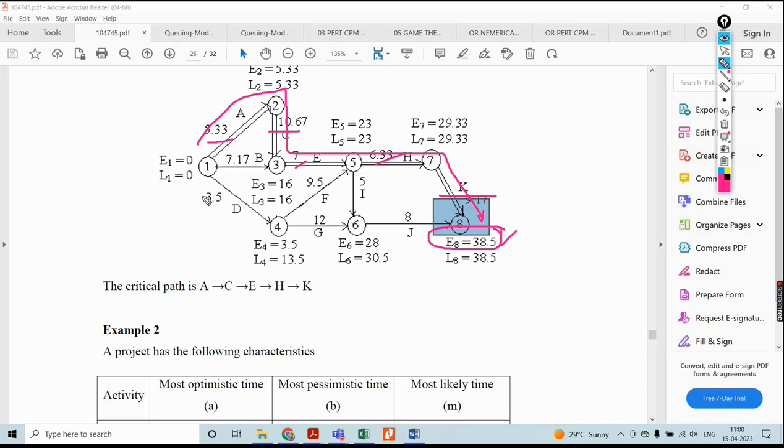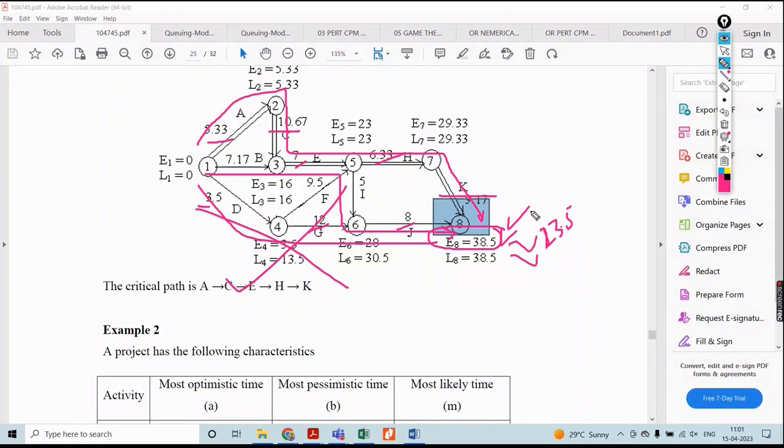If you take 3.5 plus 12, that is 15.5, 15.5 plus 8 is 23.5. Is 23.5 equal to 38.5? No. So I should not take this as the critical path. Any path you take in the direction of flow should equal the completion of the project work. That itself is called a critical path.